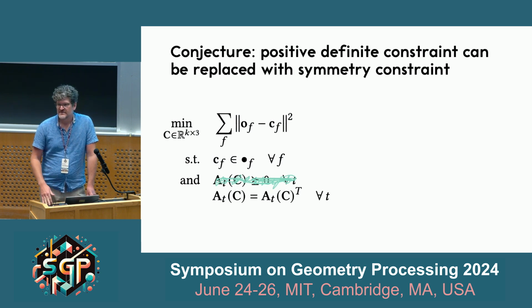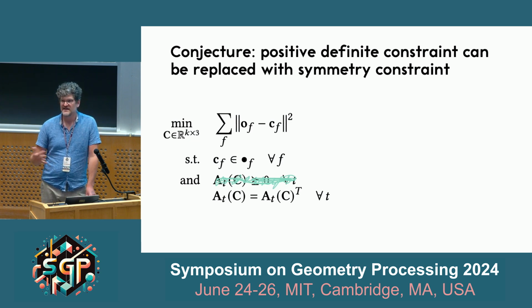I have a conjecture in this paper that it's enough to just require symmetry of the diffusion tensor. I couldn't really prove this in an elegant way. I fed it through an SDP solver for a particular TED, and it showed that the problem was infeasible, which corresponds to not finding a counterexample.